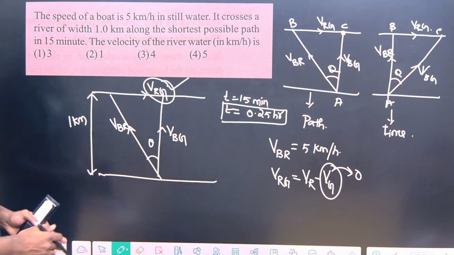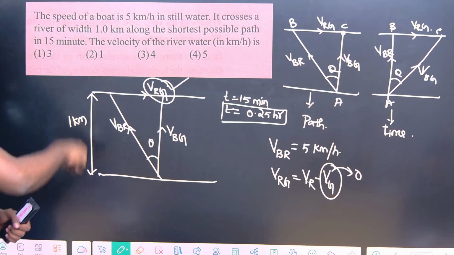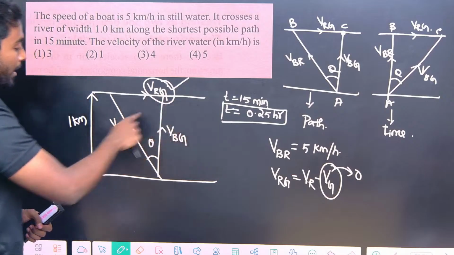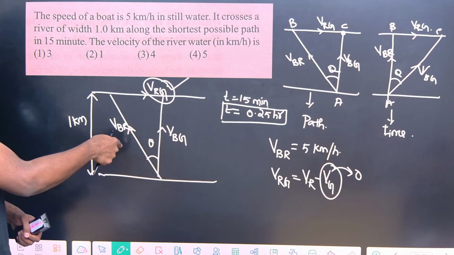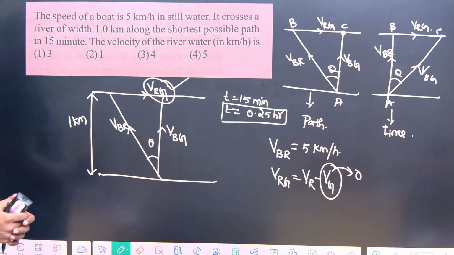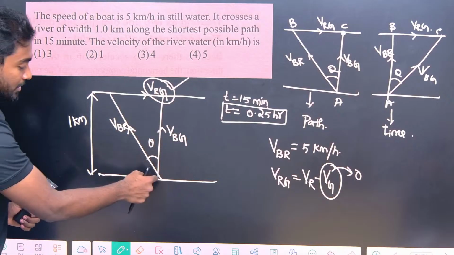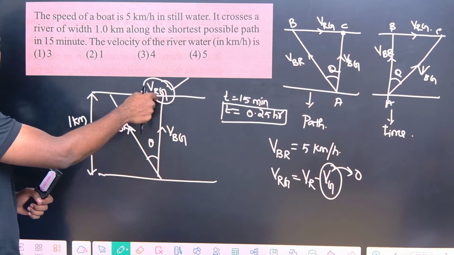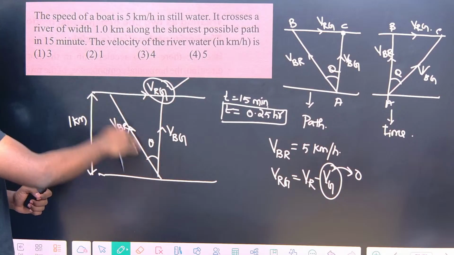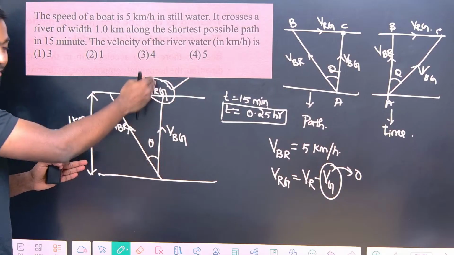Now we know the width, we know the time, and we know the velocity of boat with respect to river. Is there anything to find here? I can find the velocity of the boat with respect to ground. I started here and ended here, in this way.